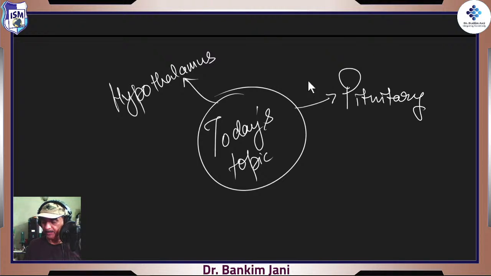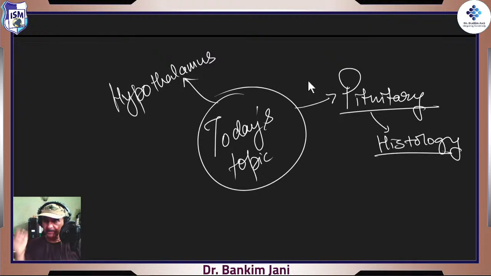In the pituitary, though we are learning physiology, we'll study the histology in a bit more detail. The reason is that there are some special types of cells, and when we learn those, it will make the rest of our journey much easier.